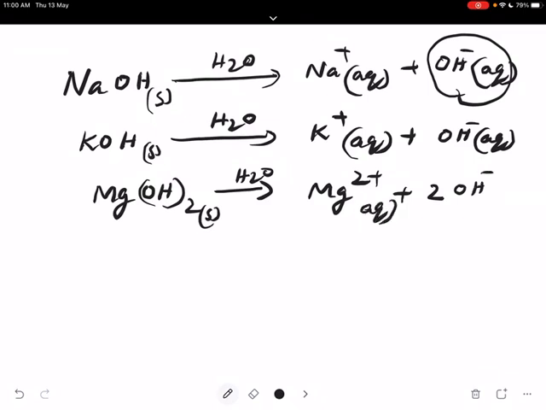So these are in aqueous form. Only in presence of water does this dissociation, this ionization take place. Water has the capacity to detach them apart, to dissociate them, to ionize them, to break them apart.